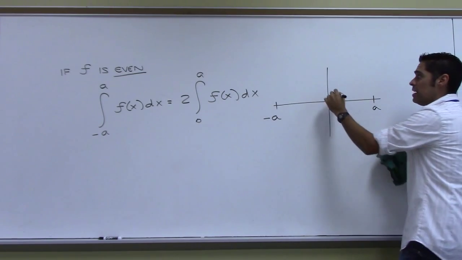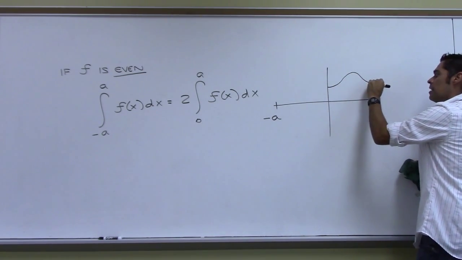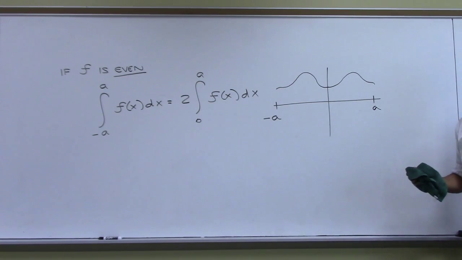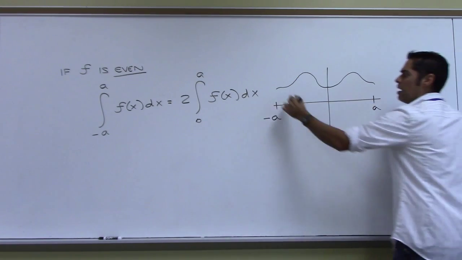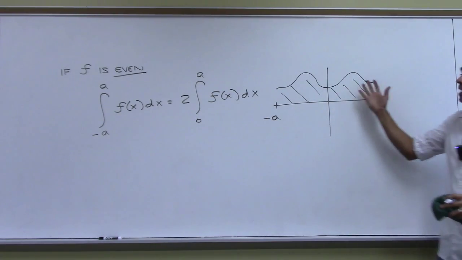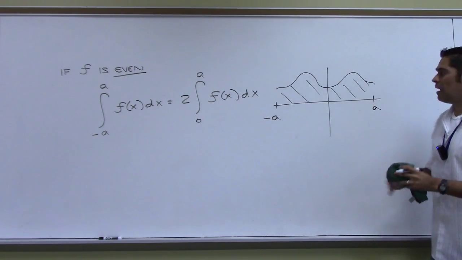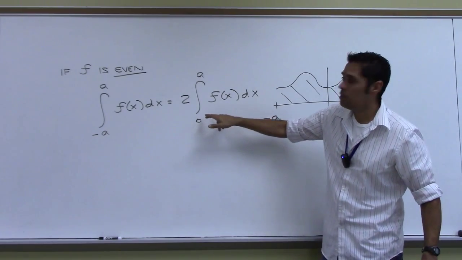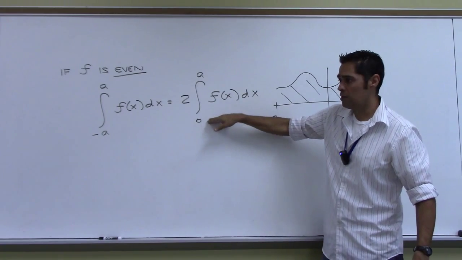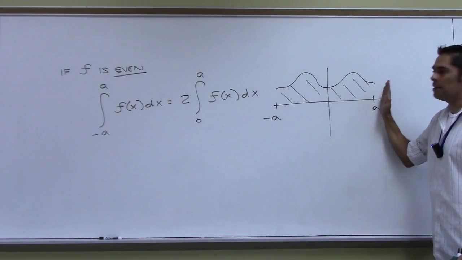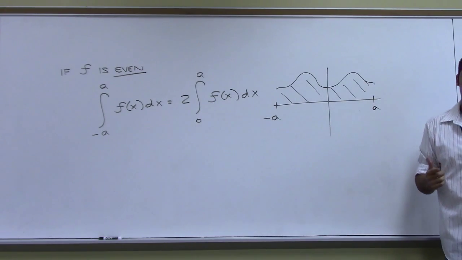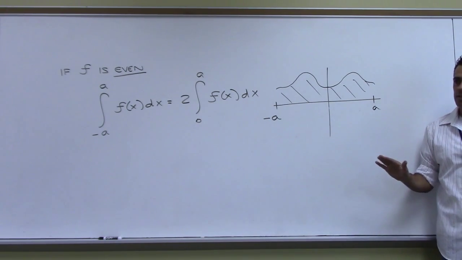If the function is even, then whatever it does over here, it's got to be a mirror image of it over here, right? So if I'm trying to find that entire area, do I really have to find the whole thing? No, all I have to do is double the area on one side, and that's what this is. 0 to a would be from here to here. Take that answer and double it. That only works if it's an even function, though, right? Only if it's even.